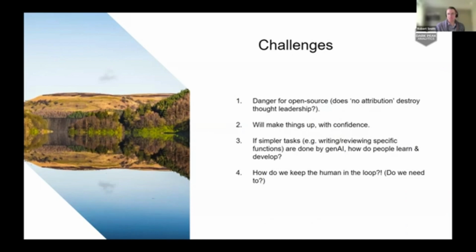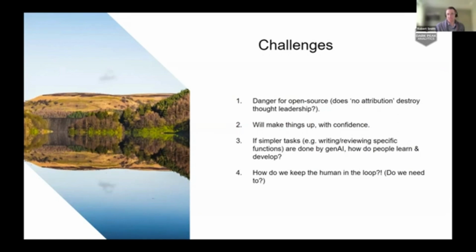And as much as we would like to say we go to work for the benefit of humanity, there's a certain amount of ego and career progression that goes with that. So if we're using these large language models and they are just giving us the answers, but based upon published open source code and literature, with no attribution, then where's the incentive to come up with novel new ideas and to publish them? So there's a bit of a danger there.